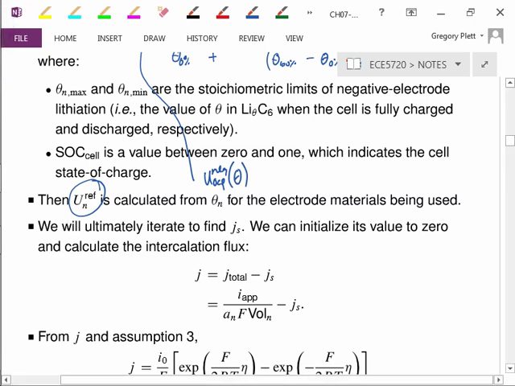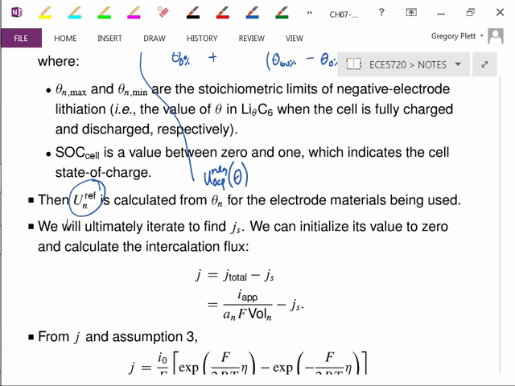That's leaping ahead a little bit, so let's maybe not worry about that. But for now, you could assume maybe we initialize the value of Js to 0 and calculate an intercalation flux, and then somehow we would repeat this with a better guess of Js until I got a better value of intercalation flux. That's the idea of iteration that we could use to find Js.